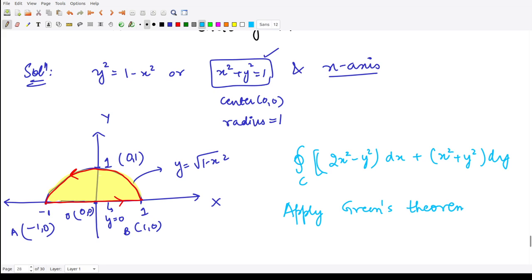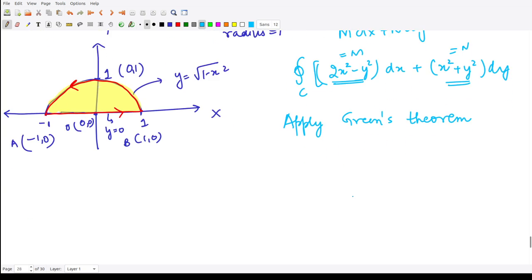So according to Green's theorem, this function has the form m dx plus n dy. Accordingly this becomes equal to m and this becomes equal to n. So by the theorem, you have the surface integral, the double integral of the quantity del n by del x minus del m by del y, right?